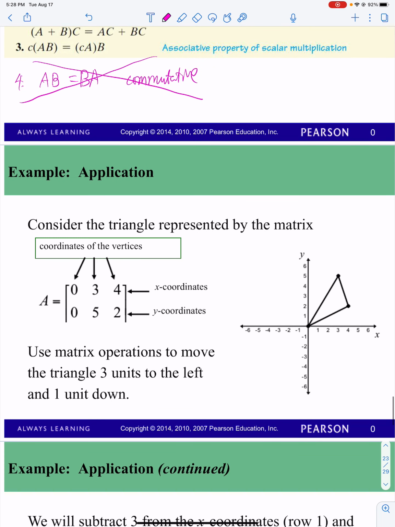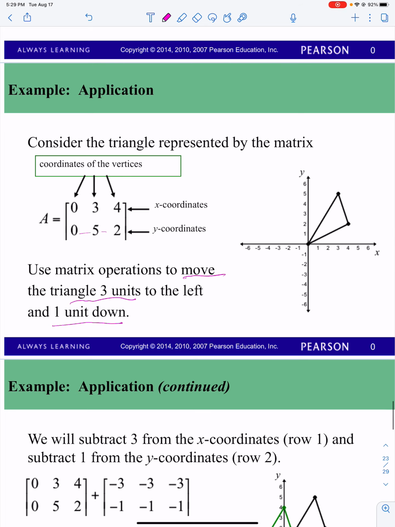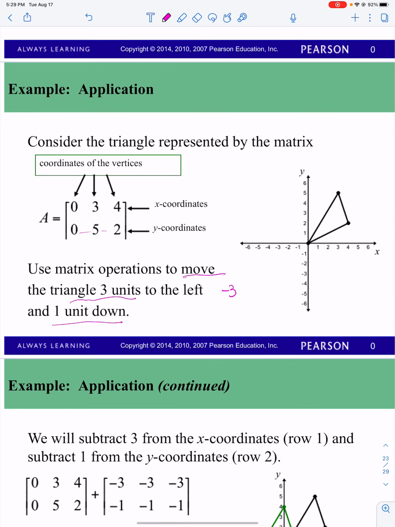Okay, so an application. Consider the triangle represented by the matrix like this. What do we want to do? To move the triangle 3 units to the left and 1 unit down. To the left means minus 3, to the down is minus 1. So what does this mean?